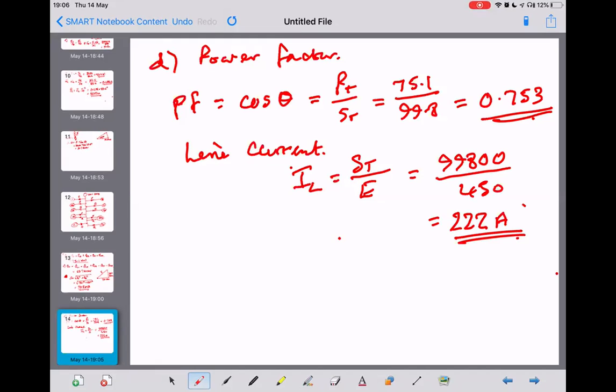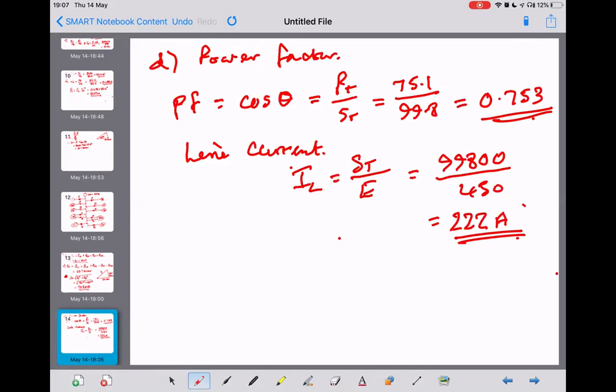Now E is one of these tricky ones where further capacitance is added to the system to improve the power factor to 0.95. Calculate the reactive power needed to be provided by the extra capacitance, the revised apparent power, and the new line current. So you've done that one, Robbie? Yep.